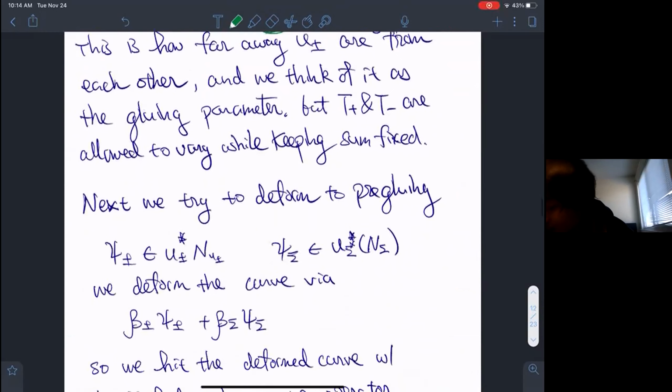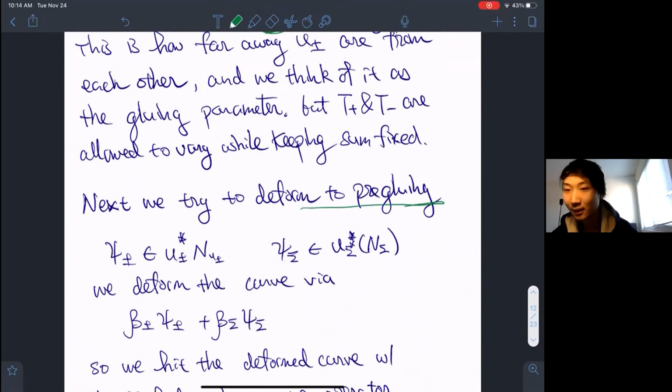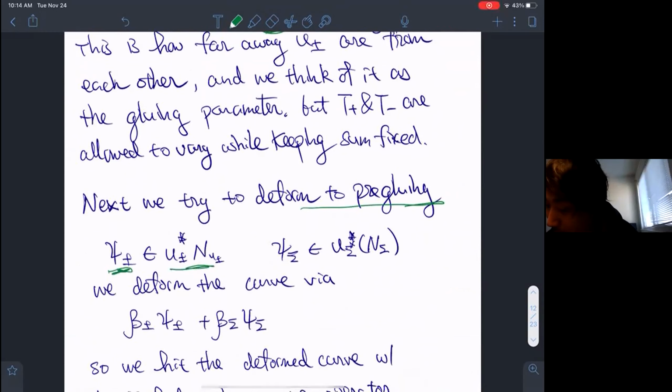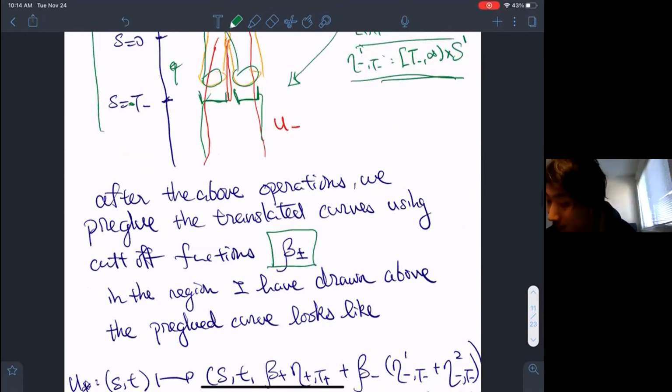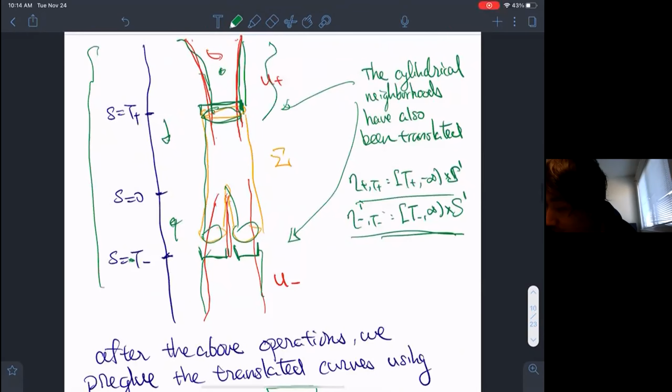Okay, next we would like to somehow deform the pre-gluing to make it J-holomorphic. So I'm going to choose sections psi plus or minus in the normal bundle of U plus or minus, and I'm going to choose a section in the normal bundle of the pair of pants. So here's a wiggle that denotes psi plus.